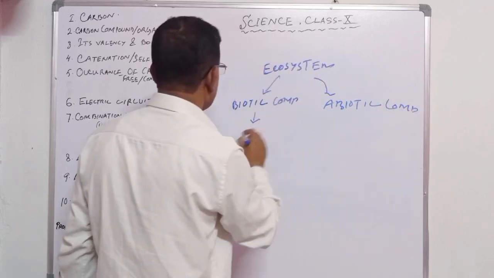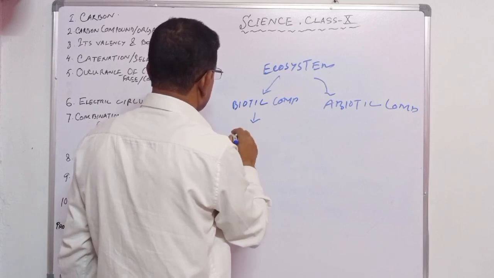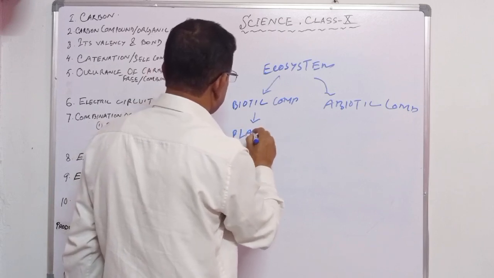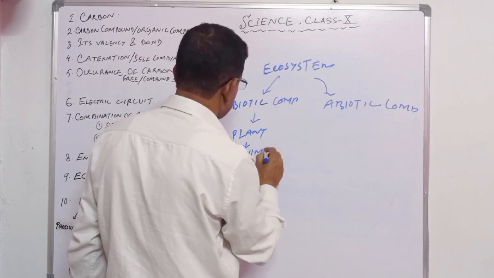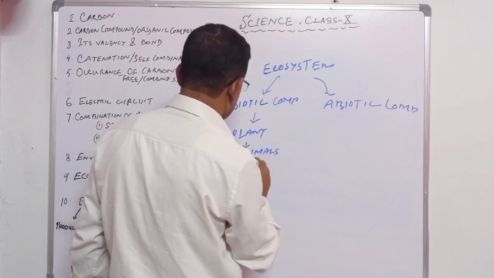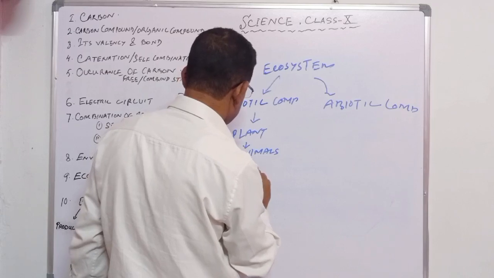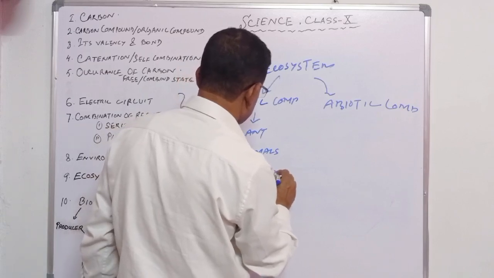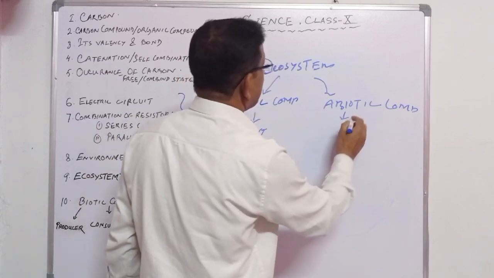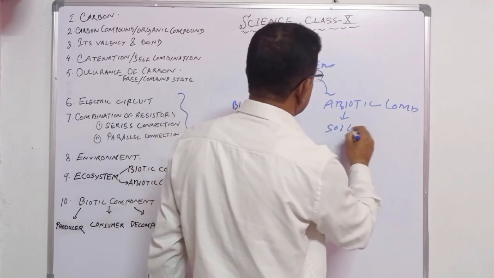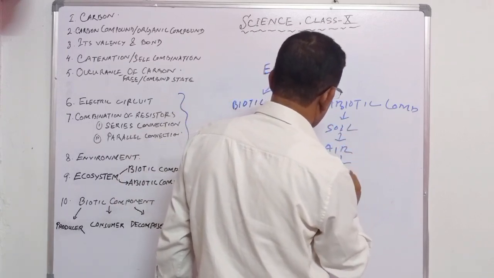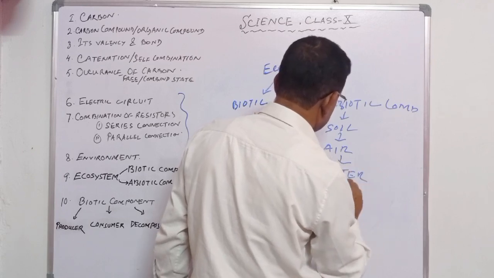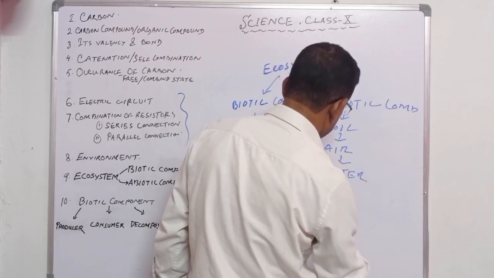What is biotic component? This is different types of plants, animals, other small organisms, etc. In abiotic component, it may be soil, air, water, temperature.